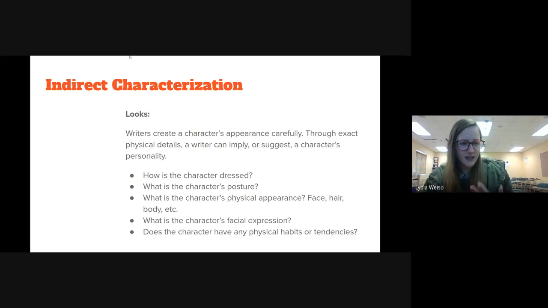And then finally, does the character have physical habits or tendencies? That extends to things like, are they a smoker? Do they always put on their slippers when they get home? Is that the first thing they do? Do they have a limp?